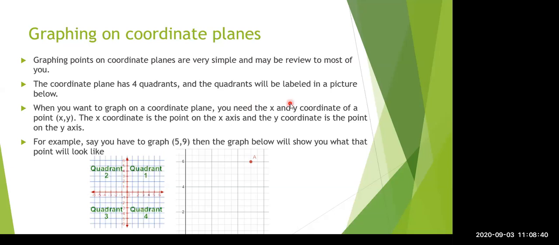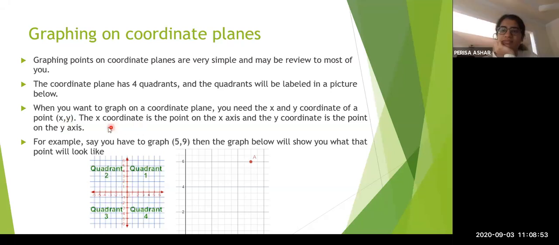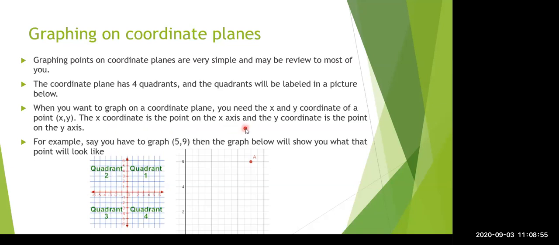When you graph on a coordinate plane, you need the x and y coordinate of a point, and this is how the point is described. The x coordinate is on the x-axis and the y is on the y-axis. For example, say you have to graph 5, 9. So the x coordinate is 5 and the y-coordinate is 9.